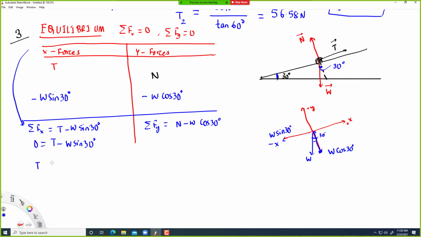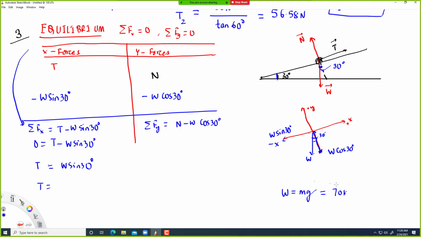So T is equal to W sine 30 degrees. You can solve this equation in terms of T. That would be the equation. And T is equal to weight, and weight is mass times G. That's always true. Mass of the object is 70 kilogram.